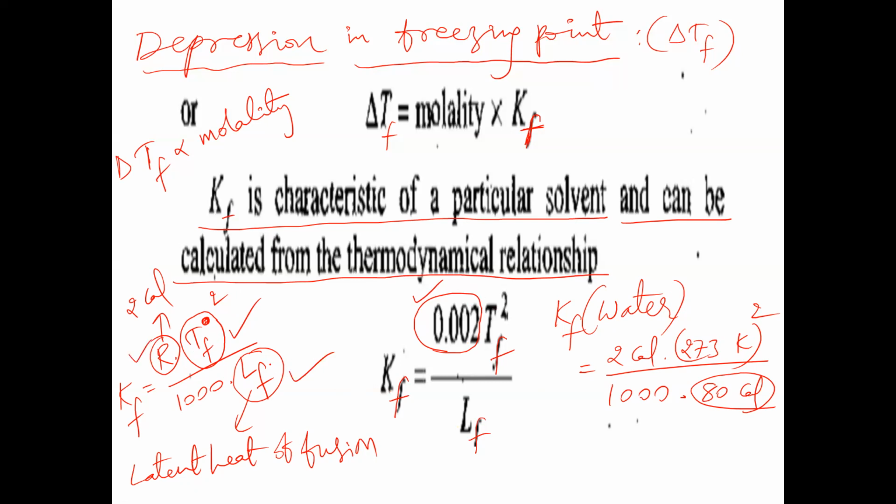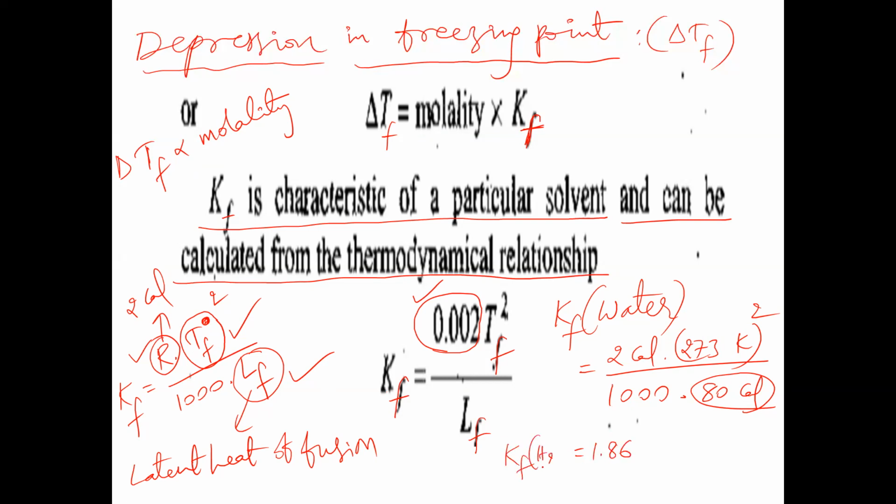If you take the LF value in joules, R should be taken in joules, 8.314 joules. Here we have taken 2 calories because the LF value is taken in calories. When we calculate this, we get 1.86 as the KF value of water.